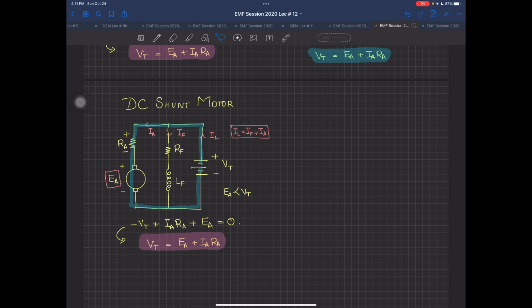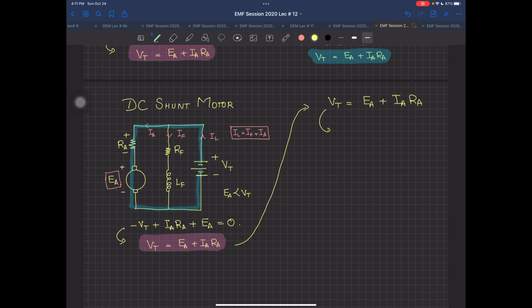Now what happens if the machine is working? If I take this relation, VT equals EA plus IA RA, and rearrange this equation, IA is equal to VT minus EA divided by RA.